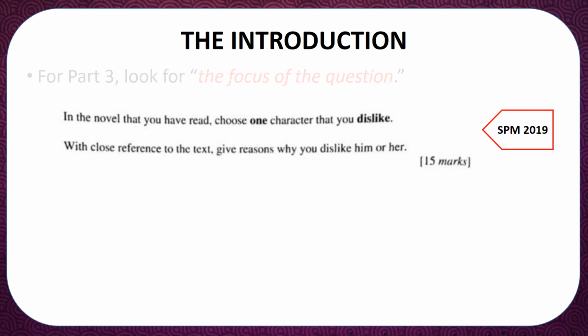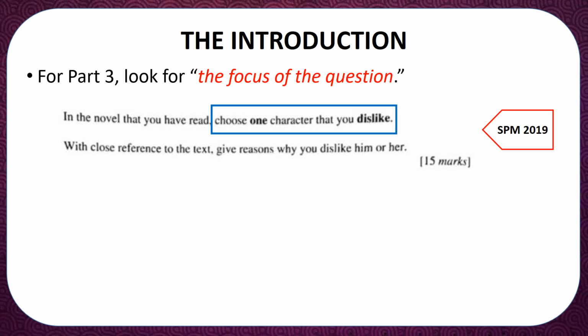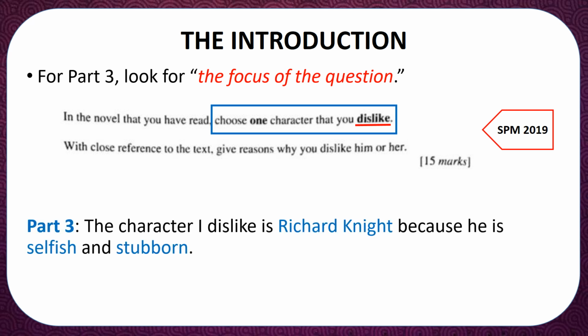Remember, for part 3, you need to look for the focus of the question. What is it? Choose one character that you dislike. So remember, you need to be specific and mention the name of the character. Part 3: the character I dislike is Richard Knight.